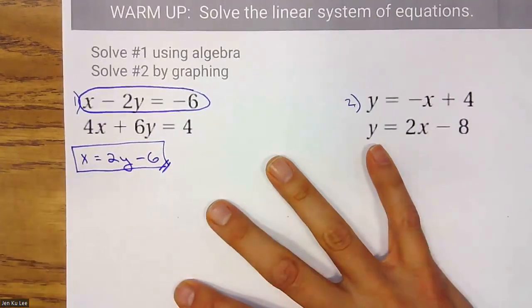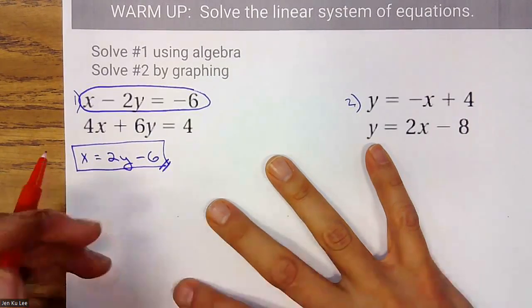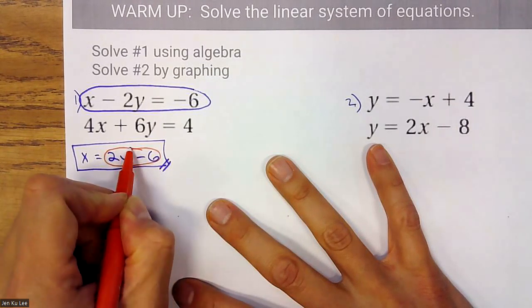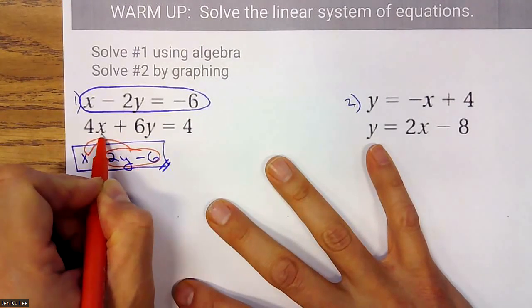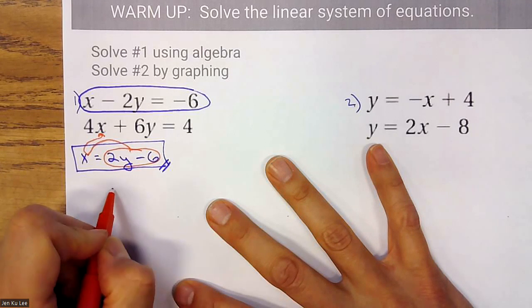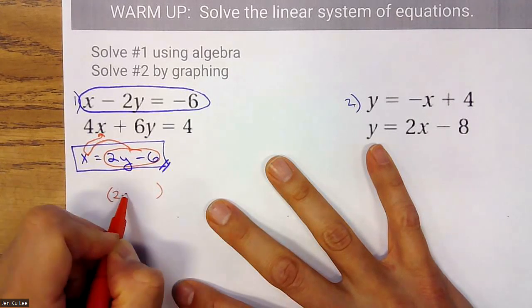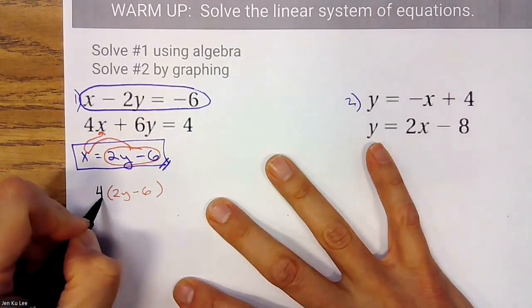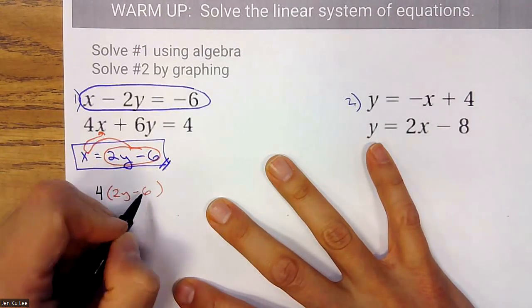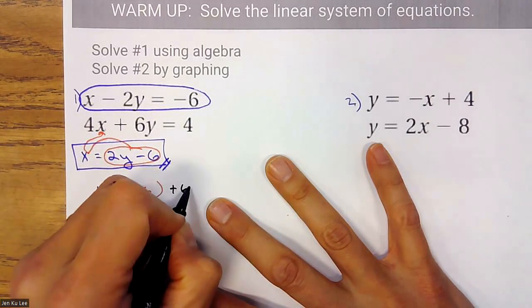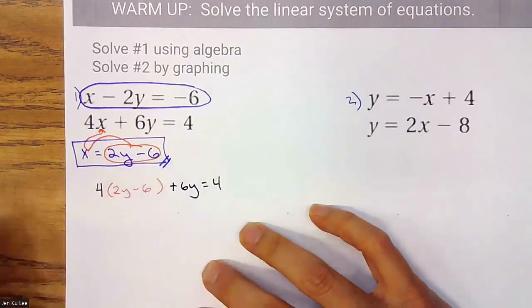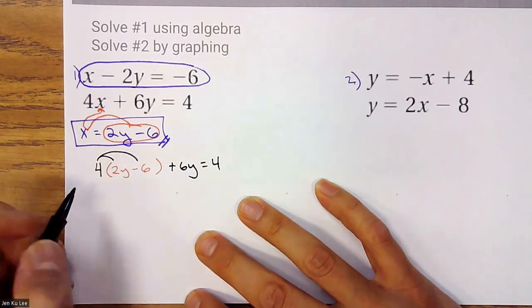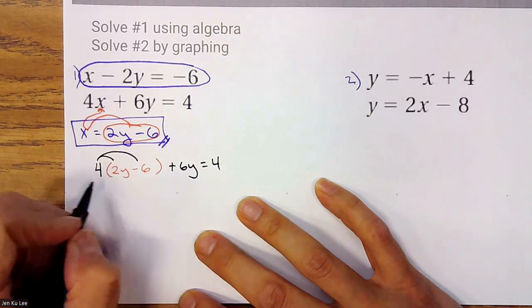So now what I'm going to do is plug in 2y minus 6 for x here. So instead of x, I'm going to have 4 times x, which is 2y minus 6, plus 6y equals 4. And then I'm going to distribute the 4 into the parentheses.